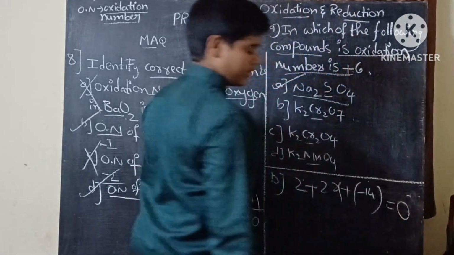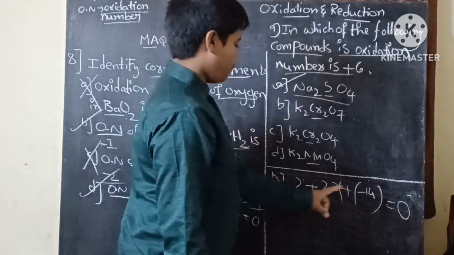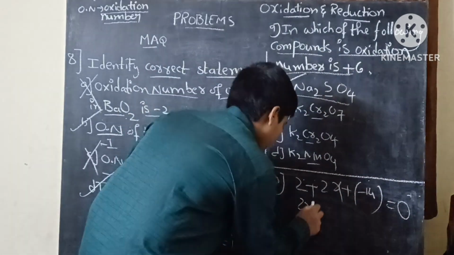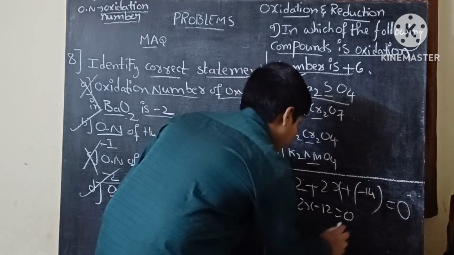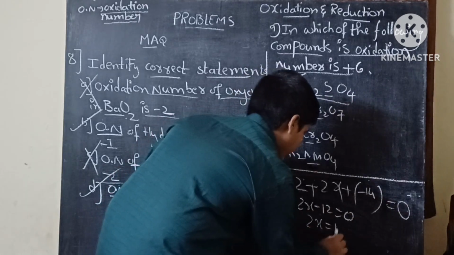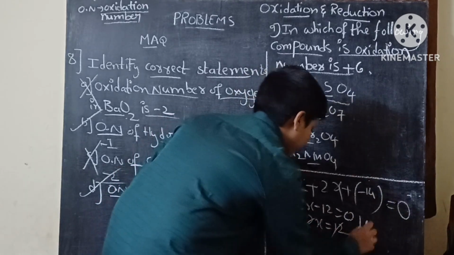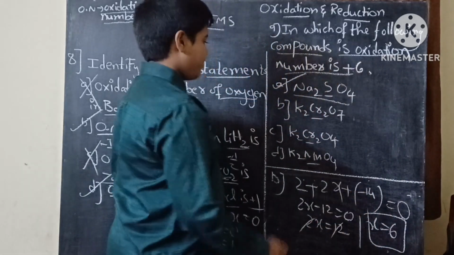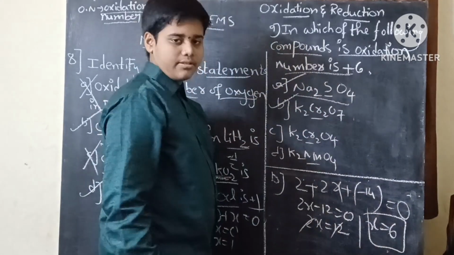We have to equate with 0. So 2 minus 14 means minus 12. So 2x minus 12 equals 0. So 2x equals 12. So here x is 6. So option B is also correct.